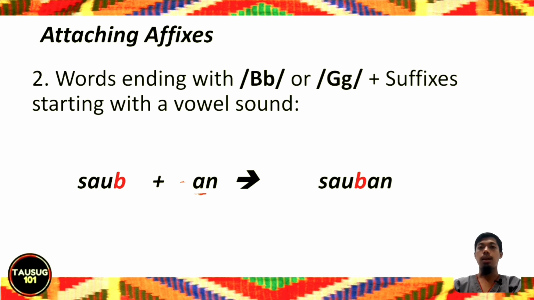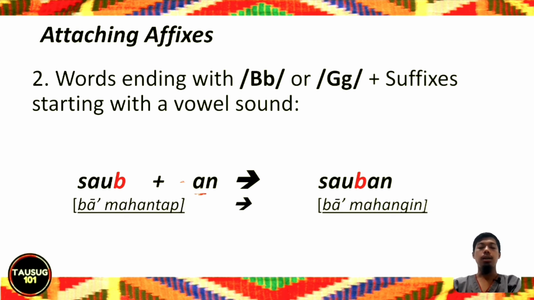Again, the ba in the first example, saub, assumes the Bā Mahantap sound because it is at the end of the word. But when we attach a suffix like an, starting with a vowel sound, the ba now assumes the Bā Mahangin sound because it is in between two vowel sounds. So we read this as sauwan, and not sauban.